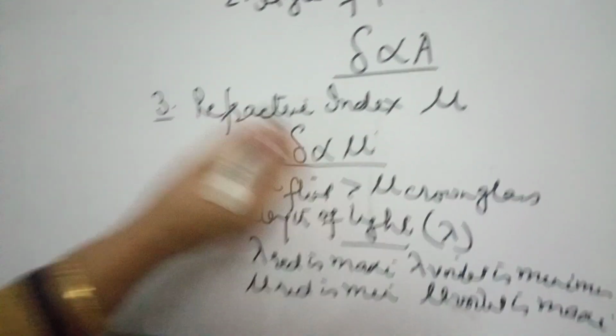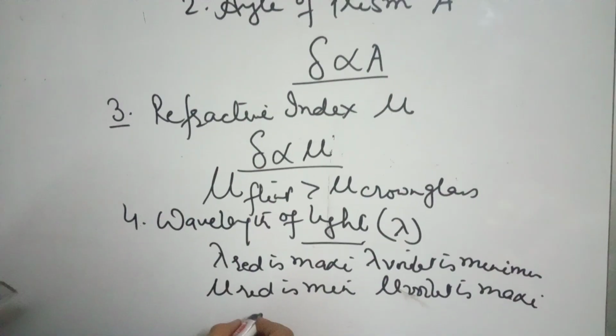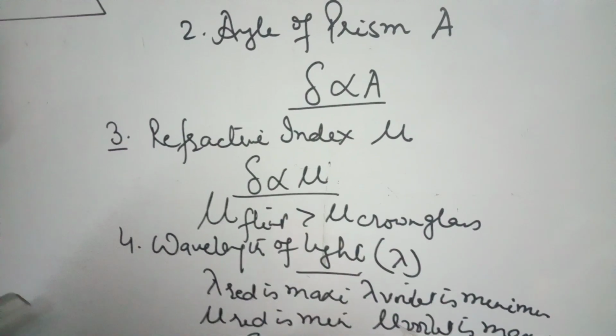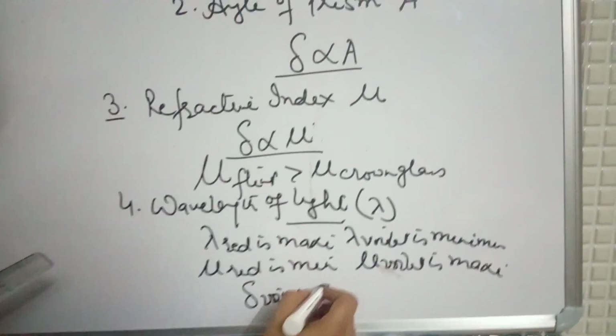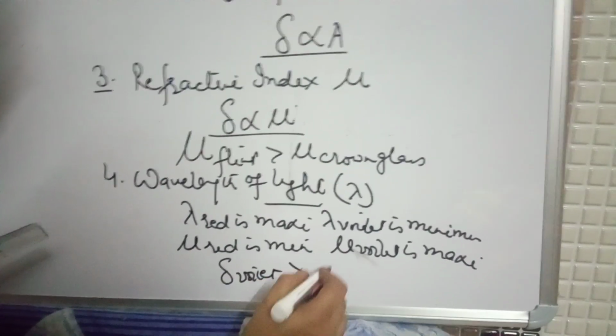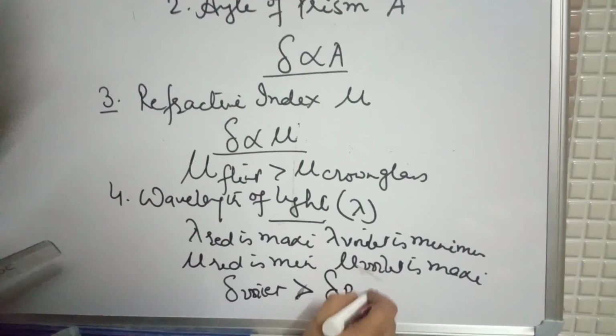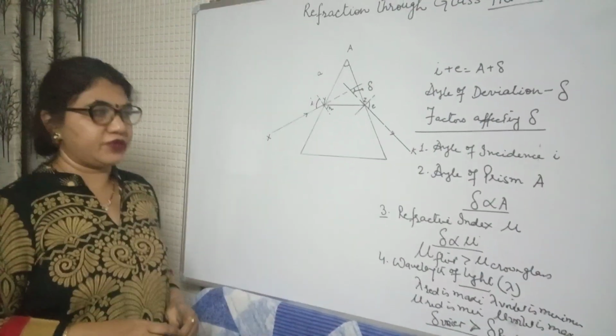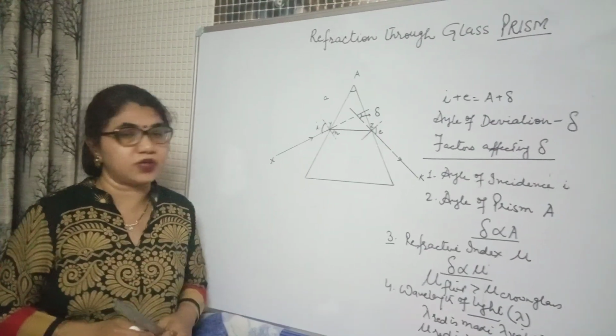And we know delta is directly proportional to the refractive index. So the angle of deviation of violet is more than the angle of deviation of red. So these are all 4 factors affecting the angle of deviation. This is all about refraction through a glass prism.